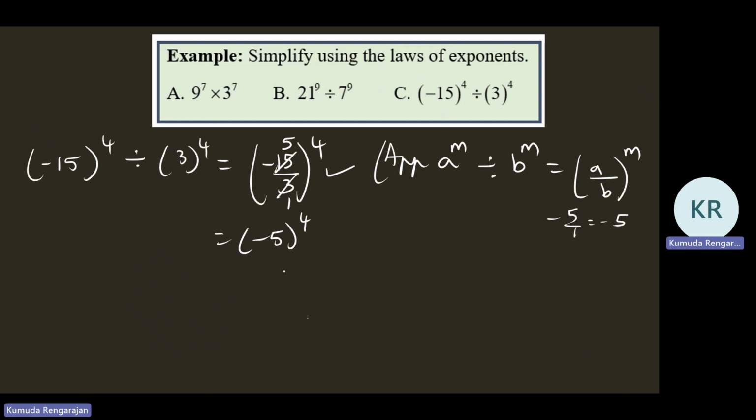Now, what do you mean by minus 5, the whole raised to the power 4? Minus 5 into minus 5 into minus 5 into minus 5. How many minus signs do you have to multiply? 4.